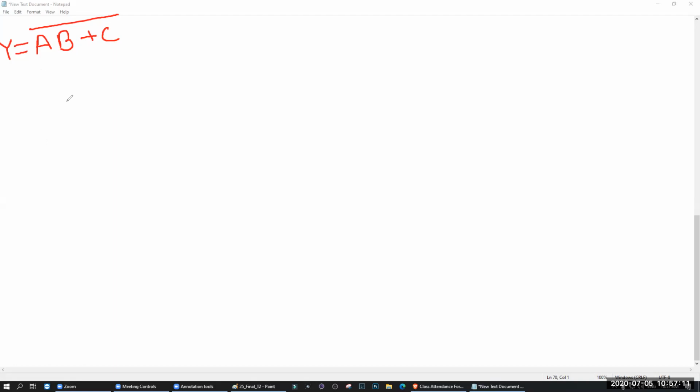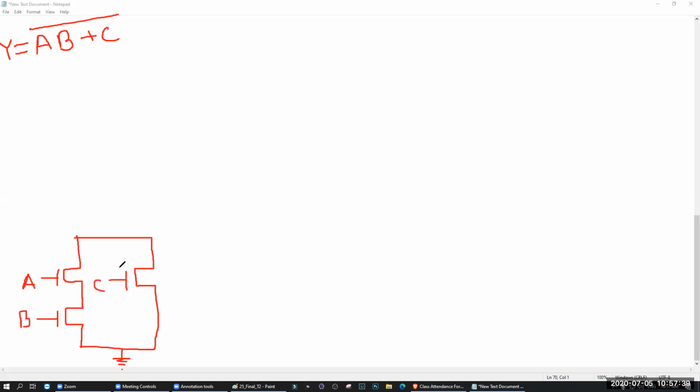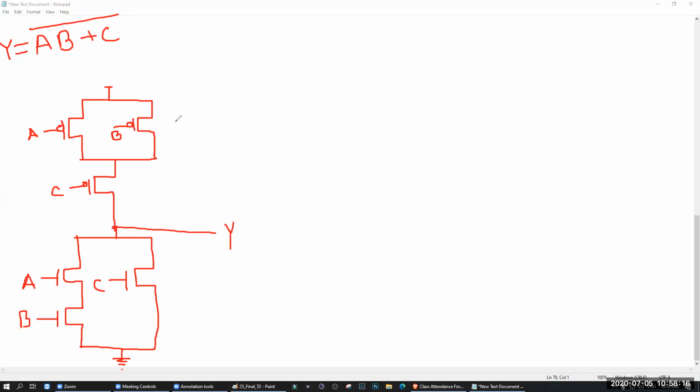Transistor sizing. So what is the graph? What is the circuit? A, B, okay, this is your circuit.